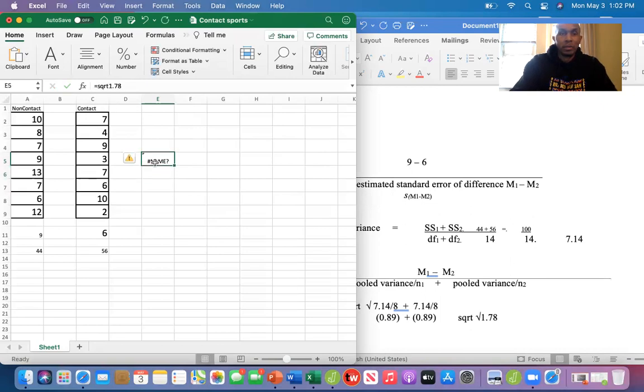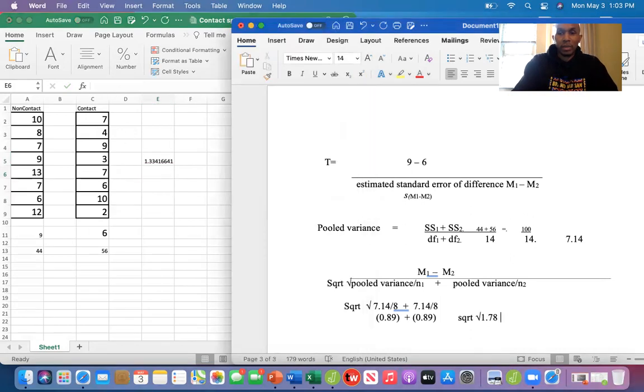I'm doing something wrong here. All right, so we have 1.334 or 1.33. And that's going to be our estimated standard error. I'll just check it again, make sure I'm doing this correctly.